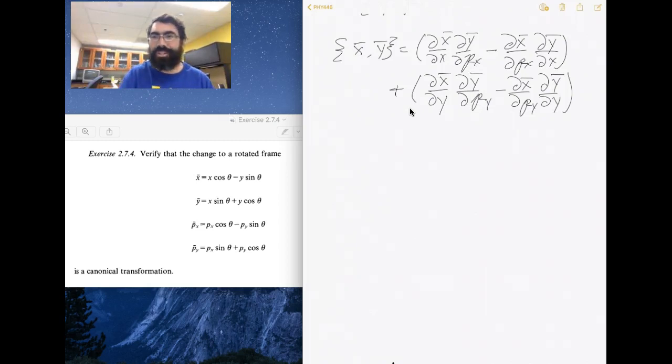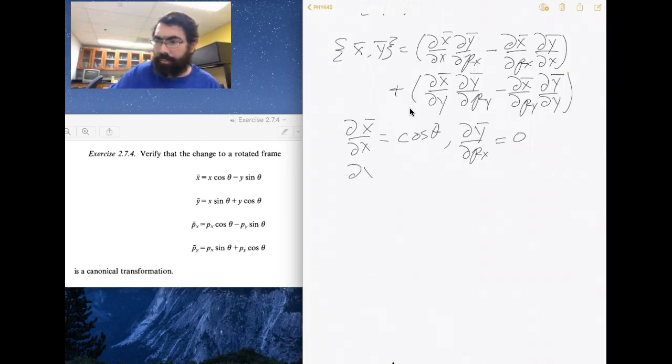So here are our equations, and so the derivative of x bar with respect to x, if we look at the first equation on the assignment, that gives us a cosine theta. The derivative of y bar with respect to px, y bar doesn't have any px in it, so that's 0. The derivative of x bar with respect to px is also 0.